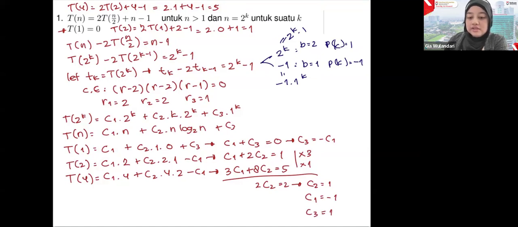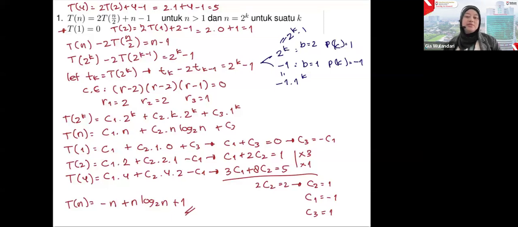Okay, you can check it again. It means Tn will be minus n plus n log 2n plus 1, like this. Okay, any question?